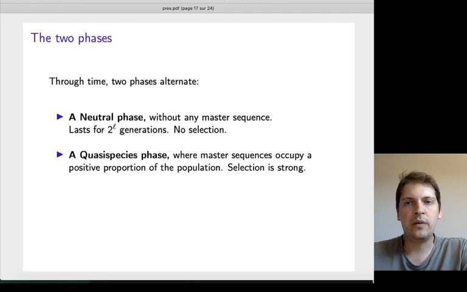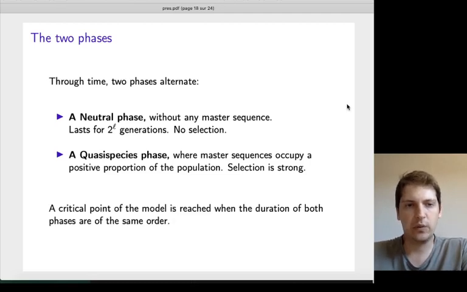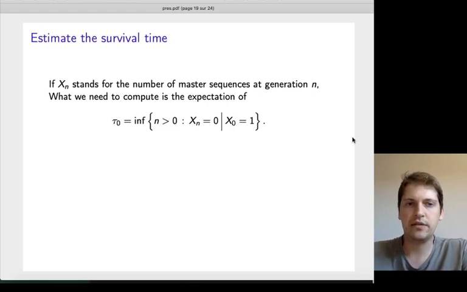If you increase the parameter for mutation, then this time decreases. And when it reaches 2 to the power L, it means that the two phases are equally stable. And that's our definition for the critical point. So the difficulty here is to compute the survival time to 0.